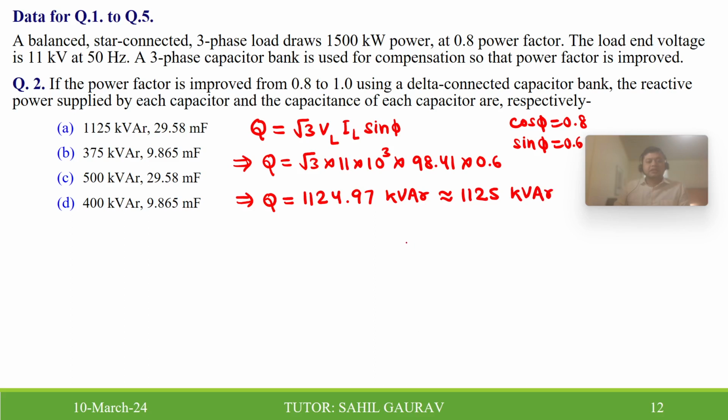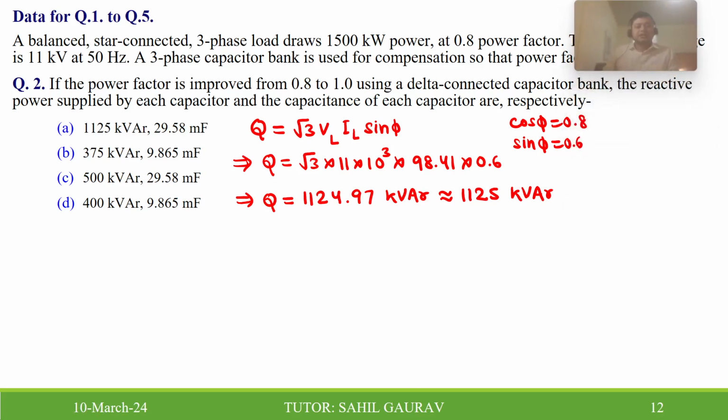So that we got the reactive power supplied by the capacitor bank, and now the capacitance of each capacitor we have to find. Since this is a delta connected capacitor bank, we will use the line voltage.